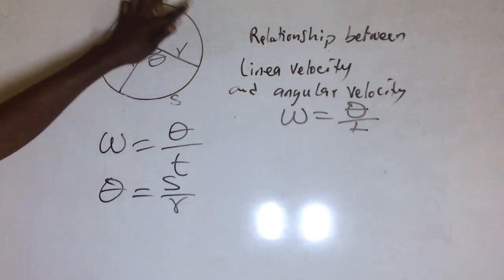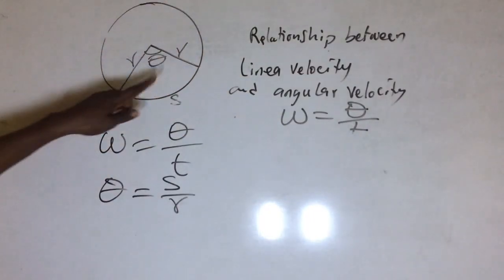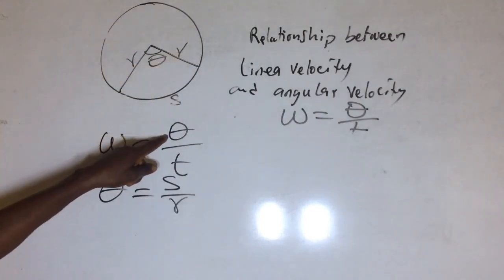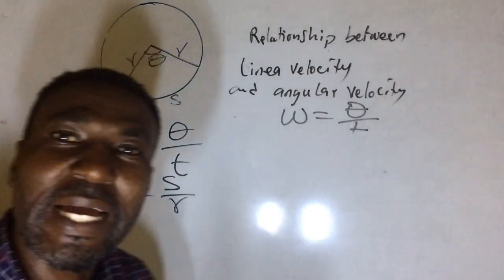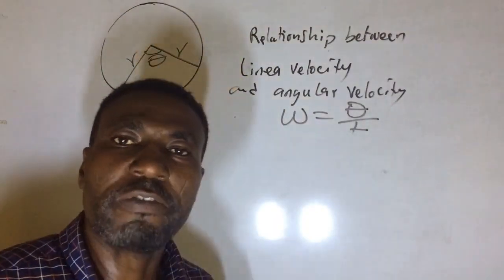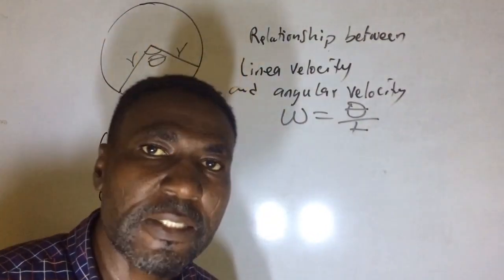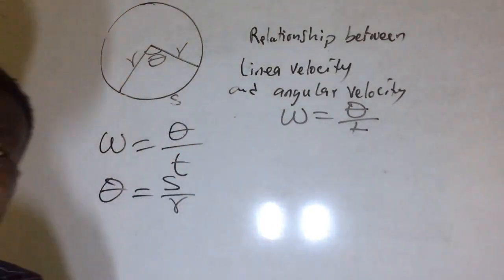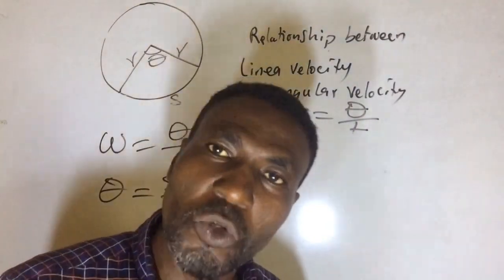And this is theta, representing the angular displacement, the angle turned of this body in a circular path. And t represents the time it has taken the body to turn through.